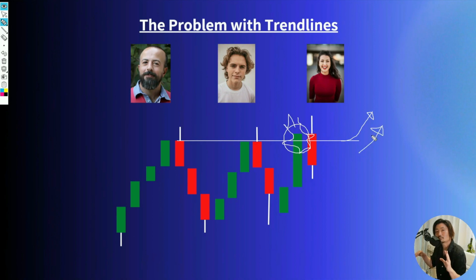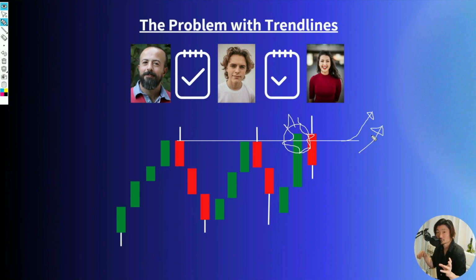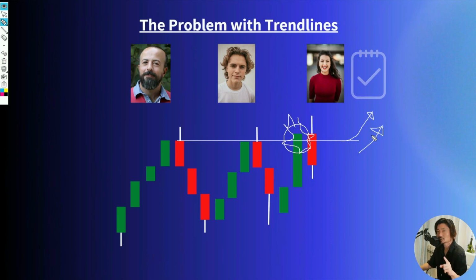Okay, so the single biggest problem with trend lines is that a trader does not have a specific set of rules that define a legitimate trend line. Okay, but also keep in mind, it's okay if there's no universal definition of trend line, as long as a trader has their own set of rules that define a legitimate trend line. Now, let me explain to you why.